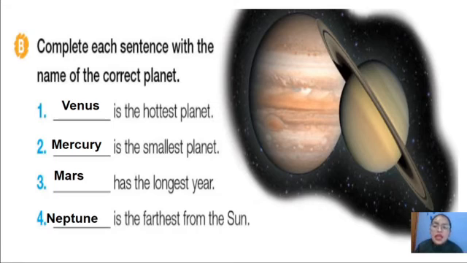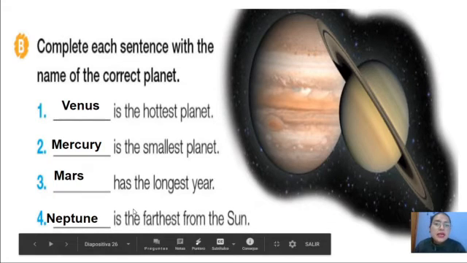Very good. Venus es el planeta más caluroso, más caliente. Otro aspecto importante de nuestro planeta. Mercury is the smallest planet. What is small? Very good. Smallest.